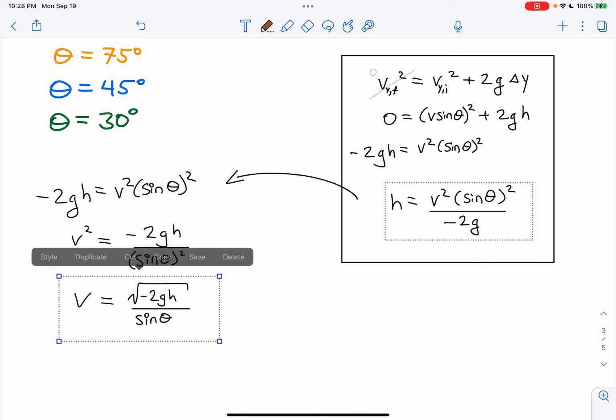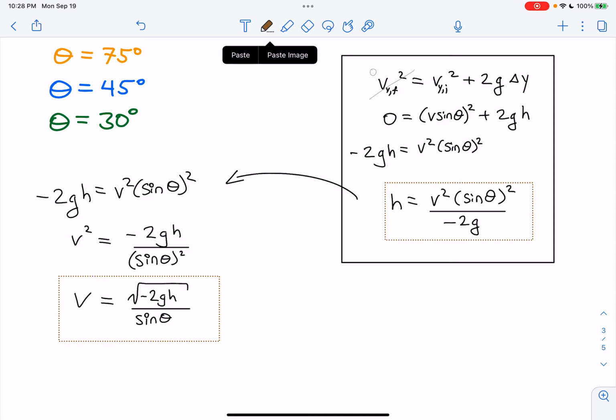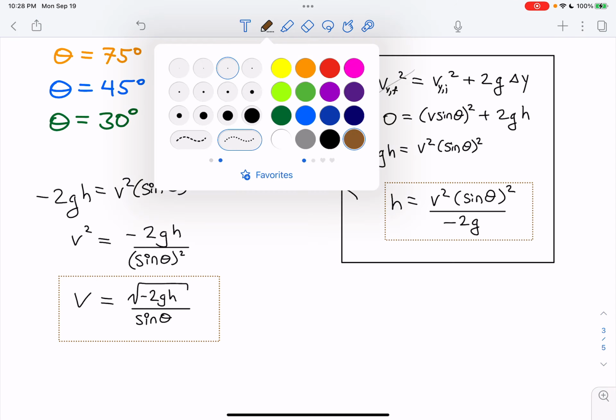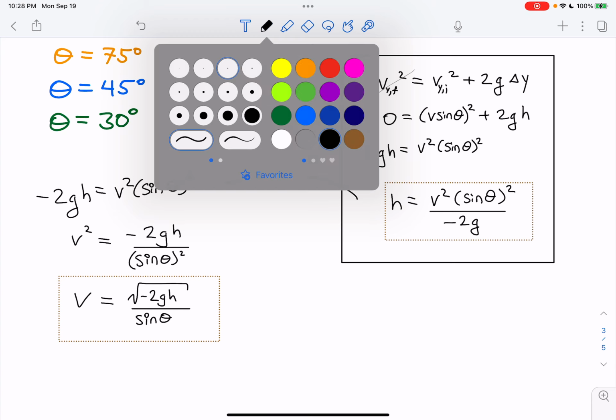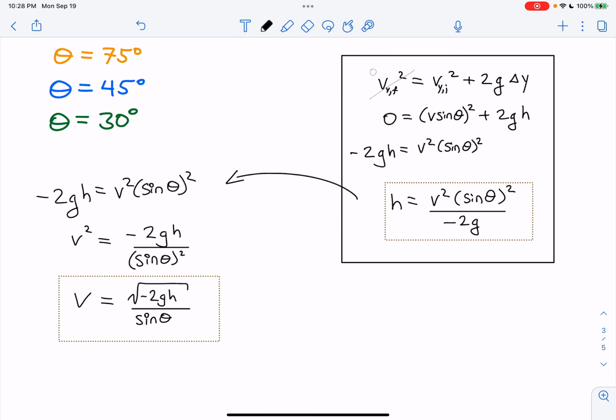That's our equation now for the launch velocity in terms of g, which is not going to change, angle, which is going to change, and a target height. So now, for each one of these cases where we've got an angle and a target of 10 meters, let's find out what the launch speed needs to be.